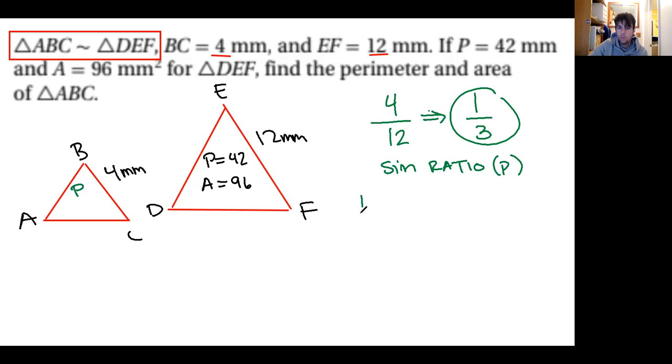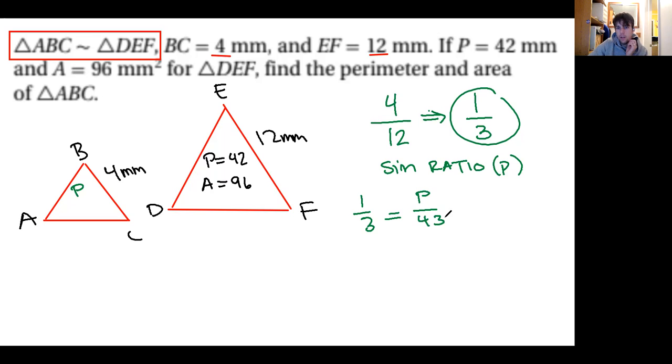Okay, well, 1 to 3 has to equal, where do things go? So 1 goes with the smaller figure, 3 goes with the bigger figure. So 1 and P, unknown. Those need to be in the same place on the top together. And then 42 and 3, because again, 1 matches up with our smaller shape, 3 goes with our bigger one. Since we don't know the perimeter of the smaller one, that's going to be unknown.